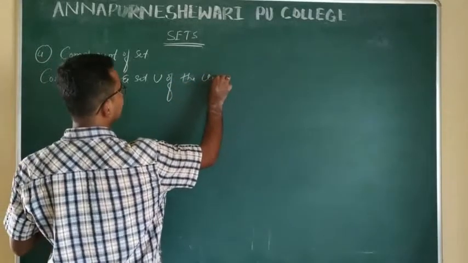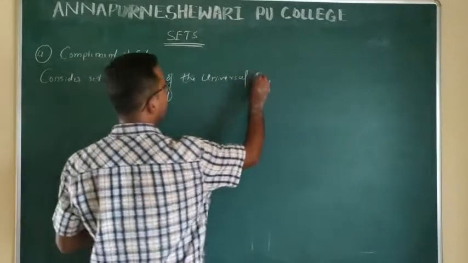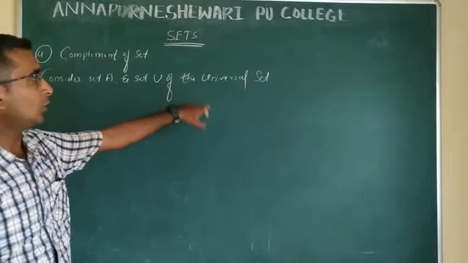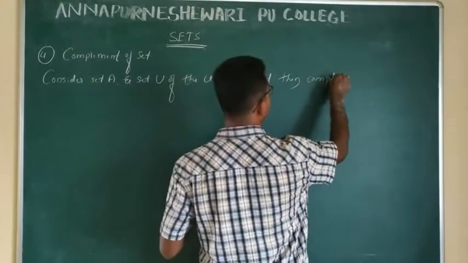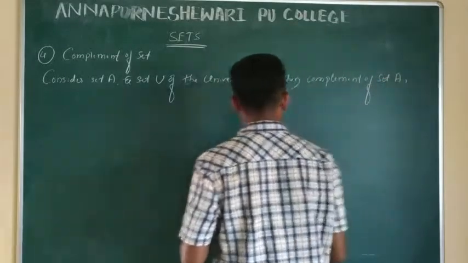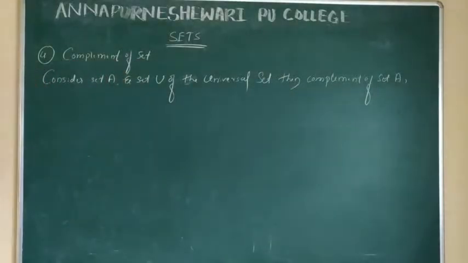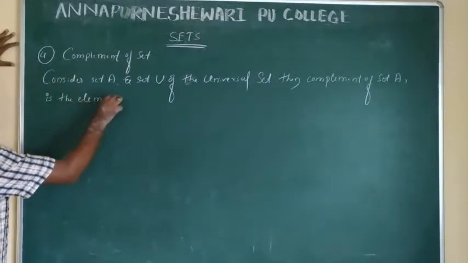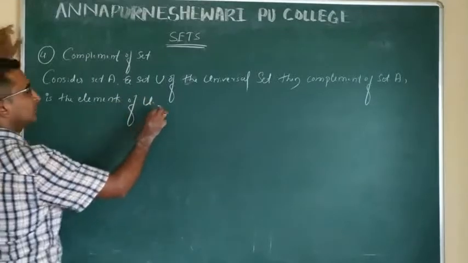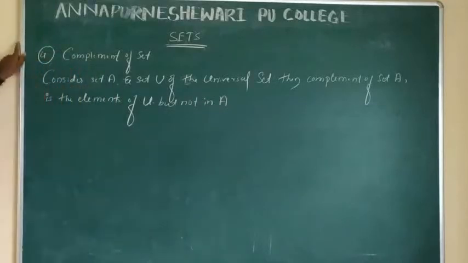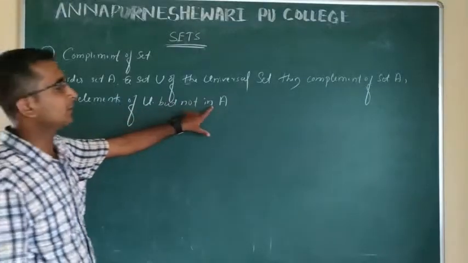Then the complement of set A is the elements of U but not in A. The complement of set A is nothing but the elements of U but not in A.